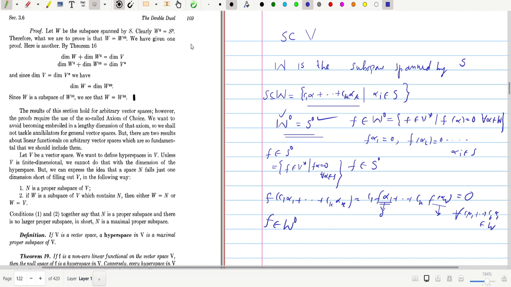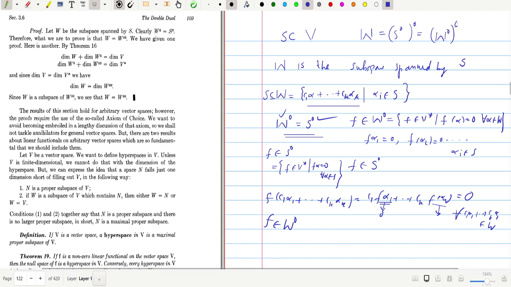That is, we need to prove that W, the subspace spanned by S, is S naught whole naught. What is S naught whole naught? S naught is the same as W naught. So we need to prove that W naught whole naught is equal to W. Instead of showing S naught whole naught is equal to W, we will show that W naught whole naught is equal to W. That means W double naught is equal to W.